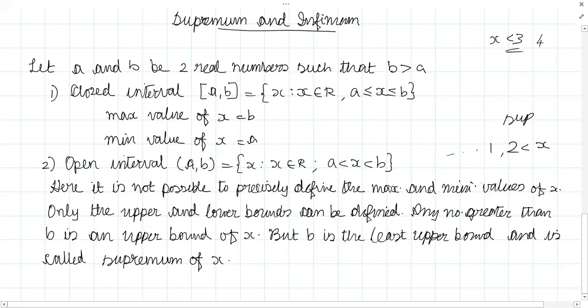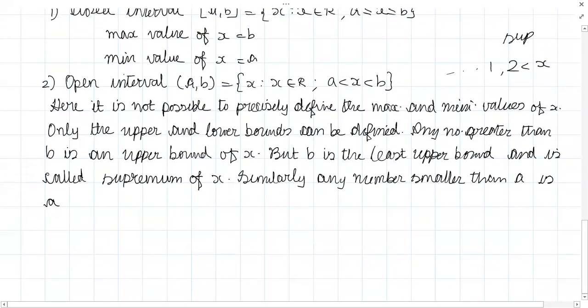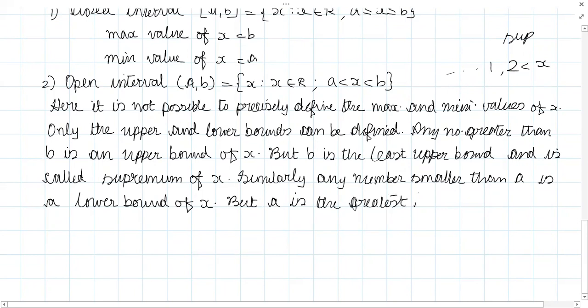So this is the greatest lower bound. Similarly, any number smaller than A is a lower bound of X, but A is the greatest lower bound and is called the infimum of X. That's the meaning of supremum and infimum, right?